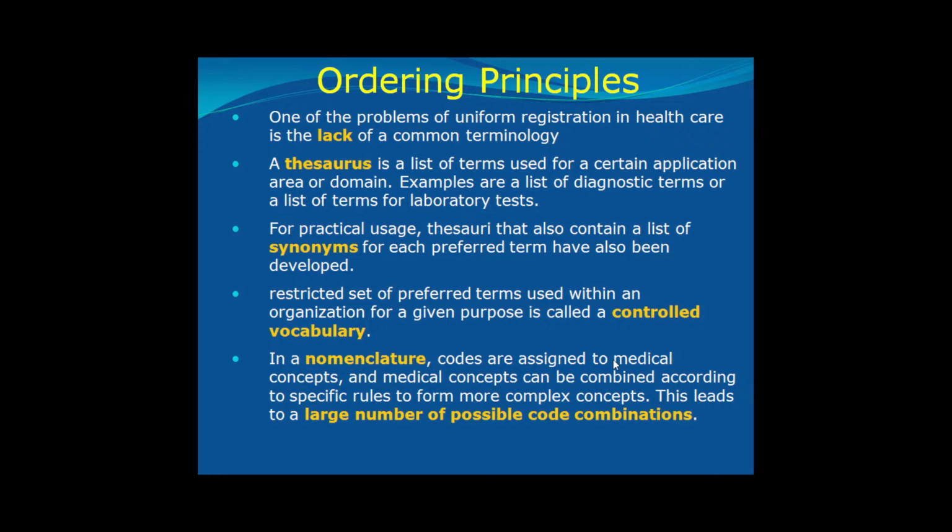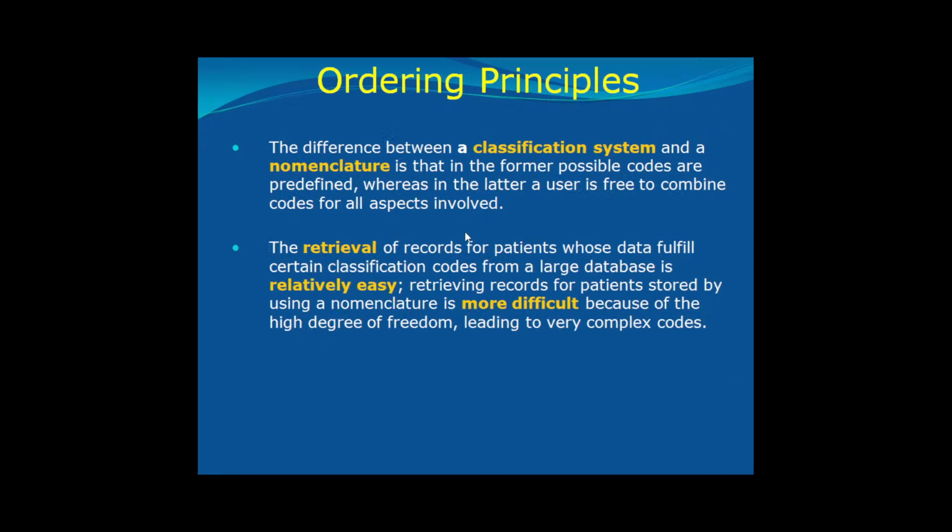This leads to a large number of possible code combinations. The difference between a classification system and a nomenclature is that in the former possible codes are predefined, whereas in the latter a user is free to combine codes for all aspects involved.